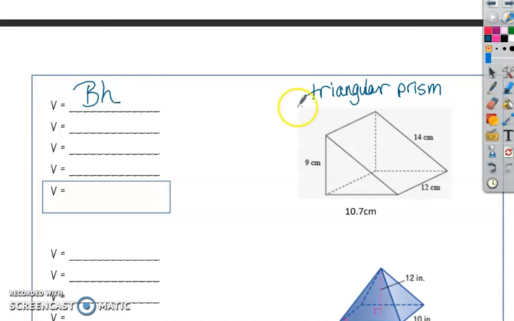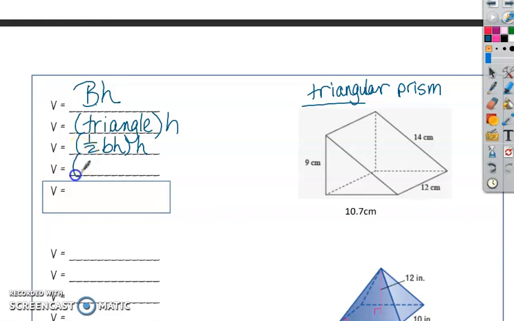Area of the base. What is the base? The base is a triangle. Okay? Normally I would look at my formula chart, but for the sake of time, I'm not. The formula for area of a triangle is half BH, and then I have another H. Okay? These H's are different unless they happen to have the same number.